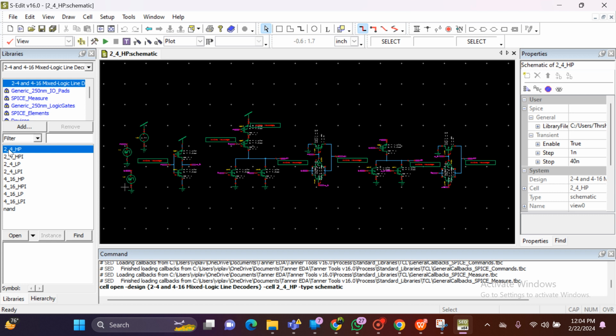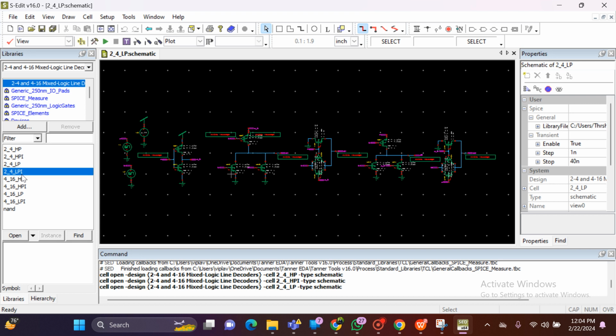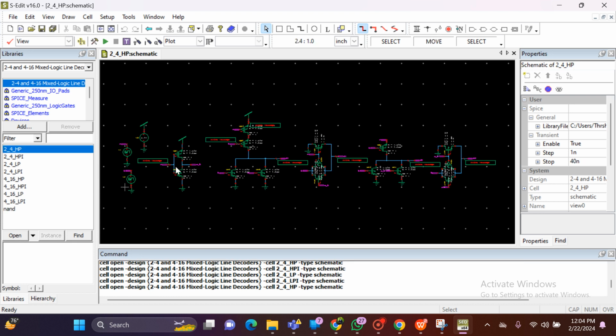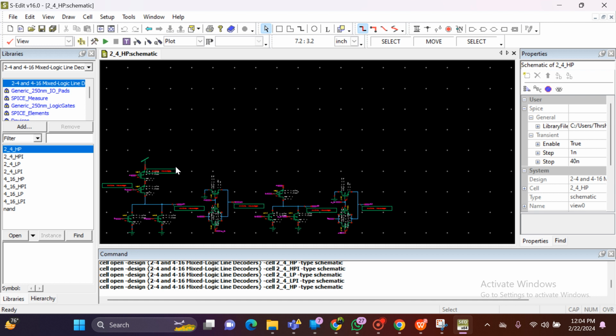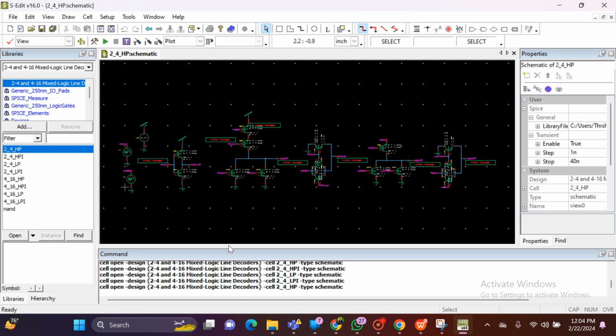So 224 HP, 224 HPI, and 224 LP, 224 LPI. For 224 HP, whatever is in the base paper, we have designed with the help of that. Now we'll see something about this software.